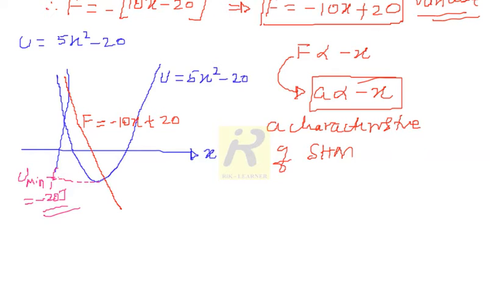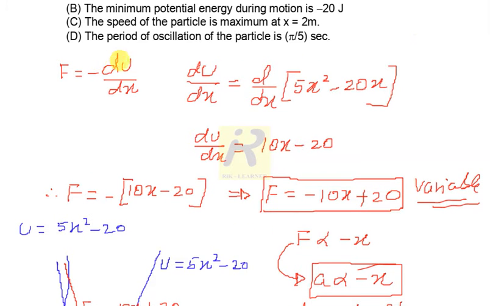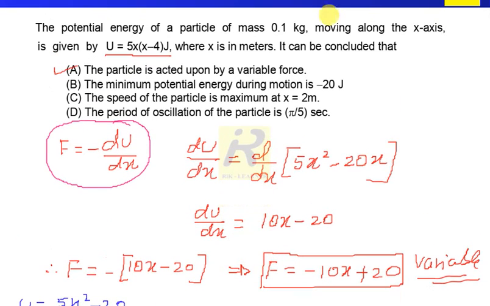For that, you just observe this one. F equals minus dU by dx. This is what we are having. It is said the minimum potential energy during motion is minus 20 joules.